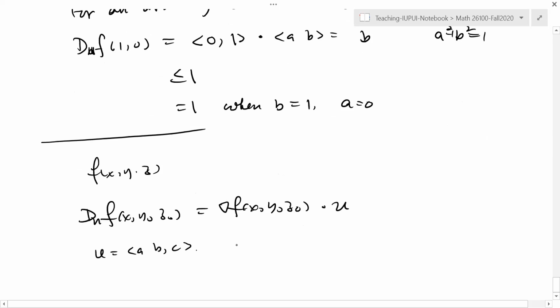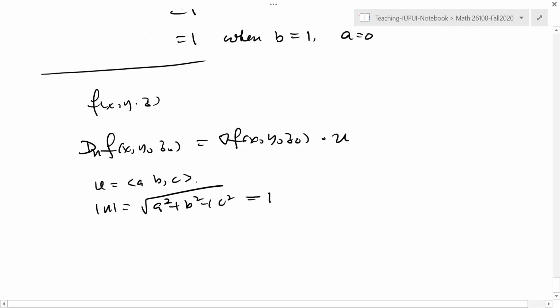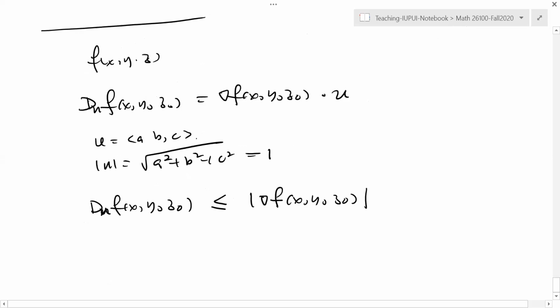You only consider unit vectors, so a squared plus b squared plus c squared equals 1. We want to know when this directional derivative has maximum value, and we have a similar property: this is going to be less than or equal to the length of the gradient, which is always true for any unit vector.